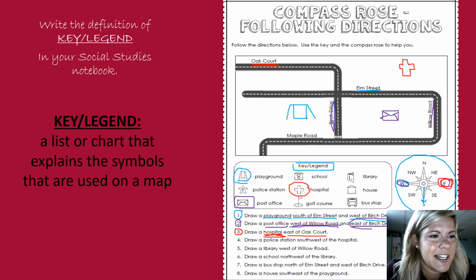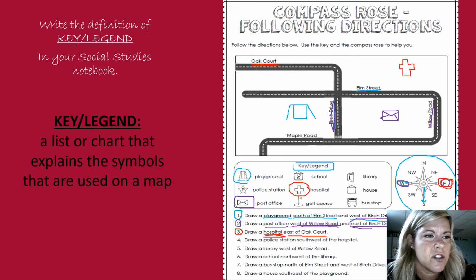Okay, last one that we're going to do together, and then you guys are going to try the rest on your own. So the next one, number 4, we're going to draw a police station southwest of the hospital. So police station means I need to draw this symbol, a star with a P inside. Okay, now we need to make sure we draw it southwest of the hospital we just drew. So here's my hospital.